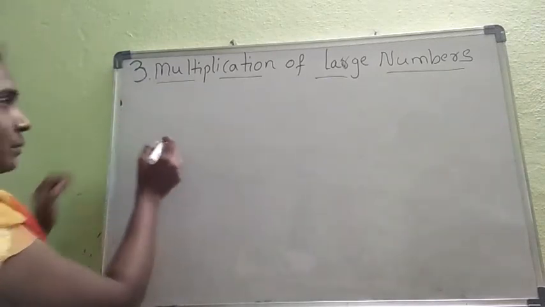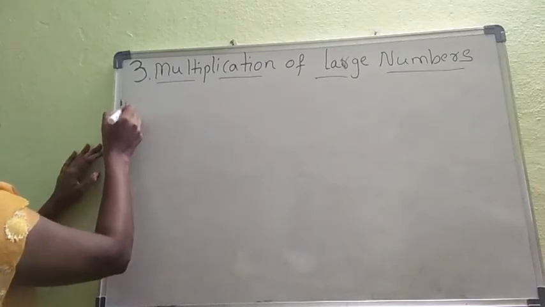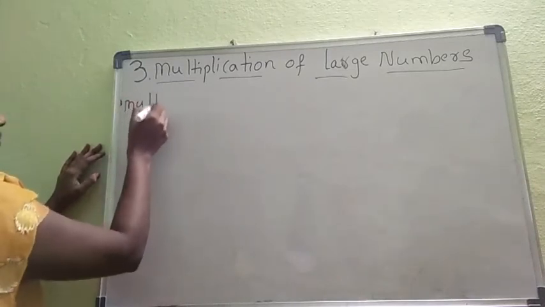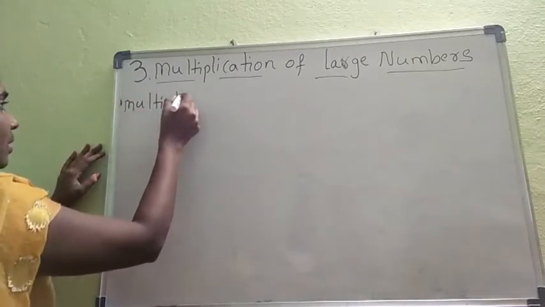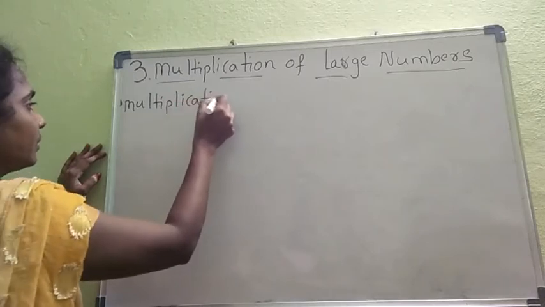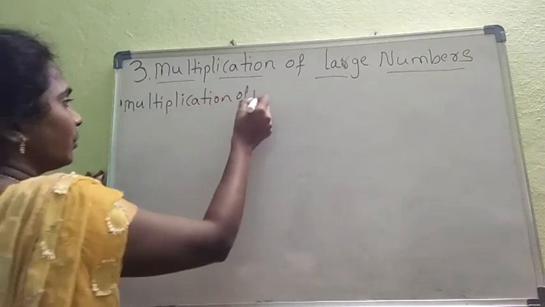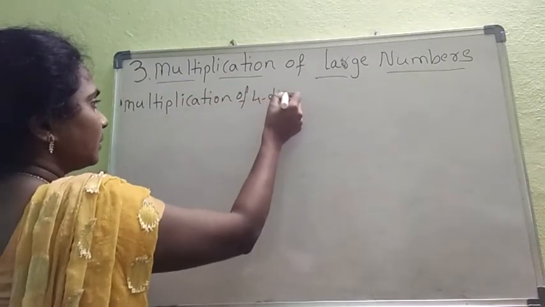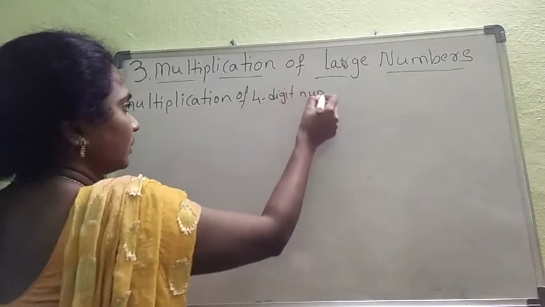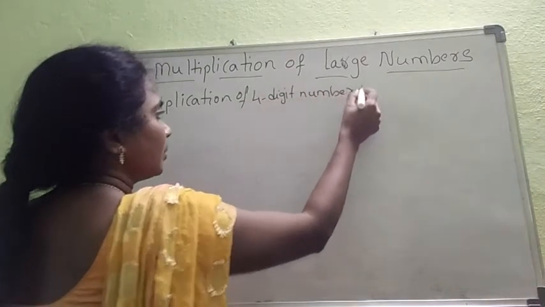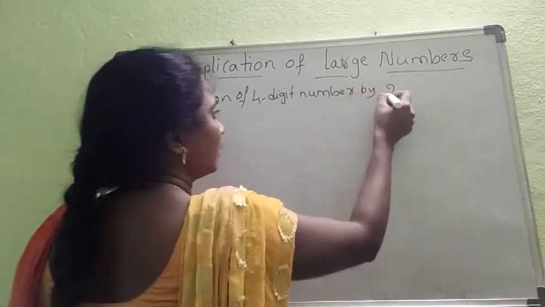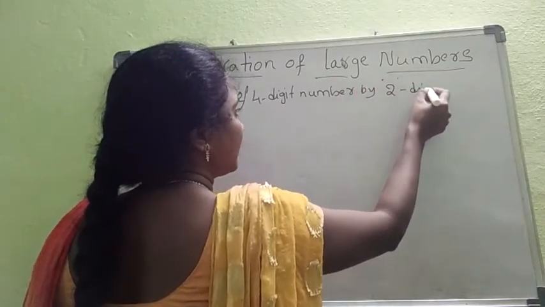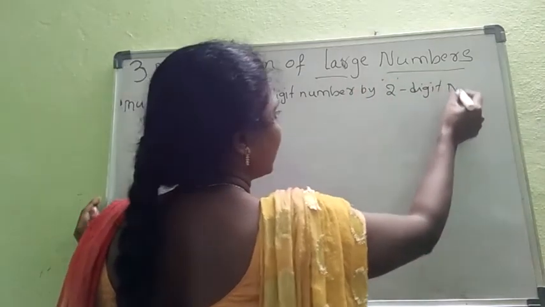Okay, I will write here: multiplication of 4-digit number by 2-digit number.